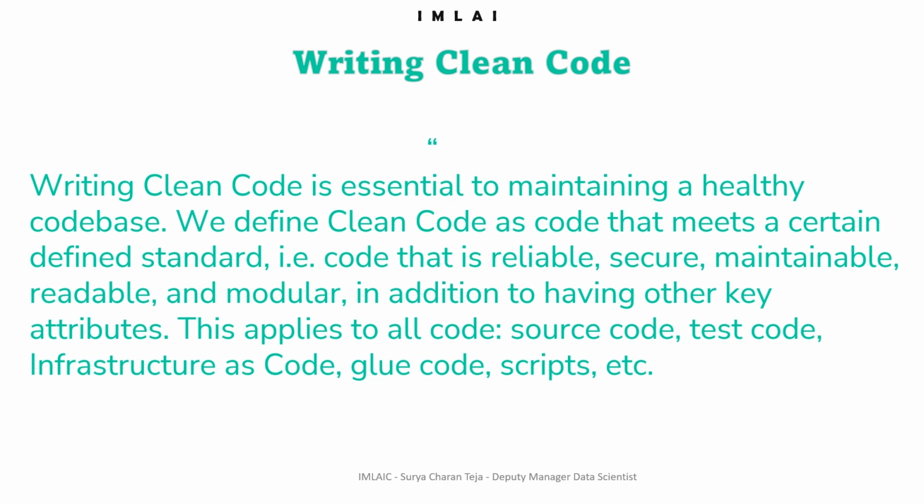So this is called clean code. In addition to having other key attributes, this applies to all code: source code, test code, infrastructure as code, glue code or scripts, whatever it may be.